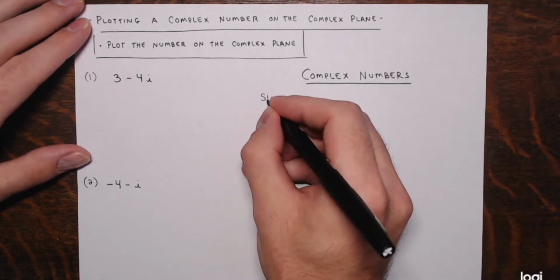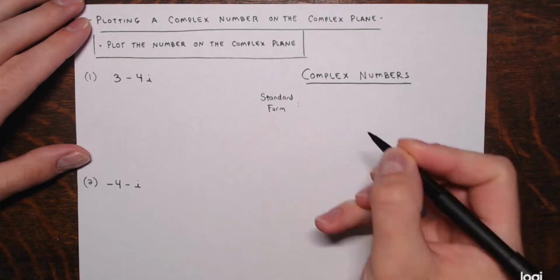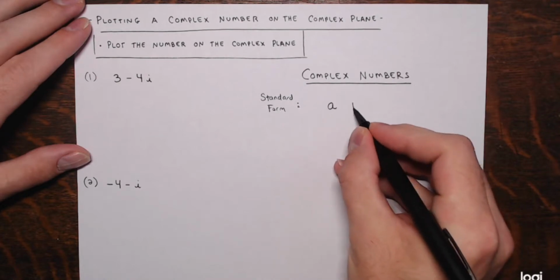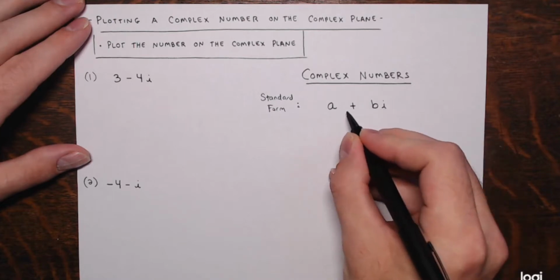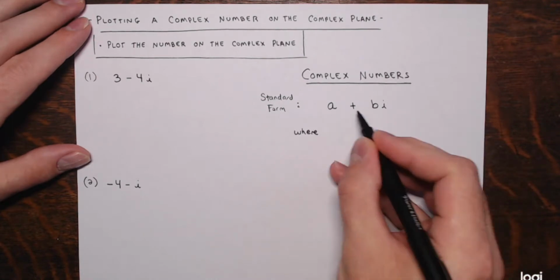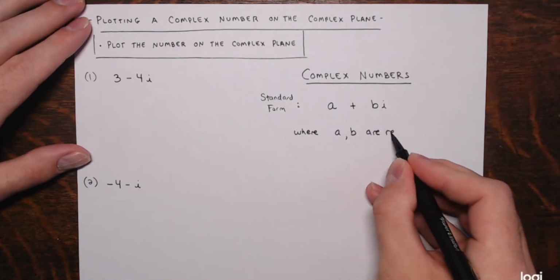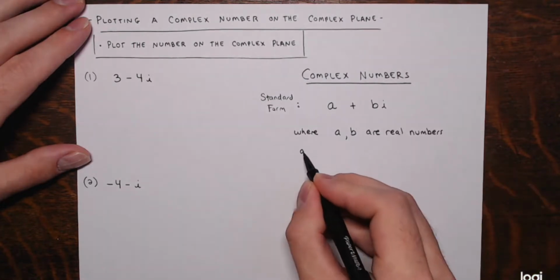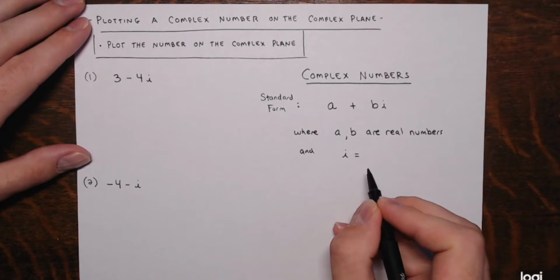The standard form for a complex number, the form that any number can be written in, is a plus bi, where a and b are real numbers, and hopefully you recall this i. i is the imaginary unit.